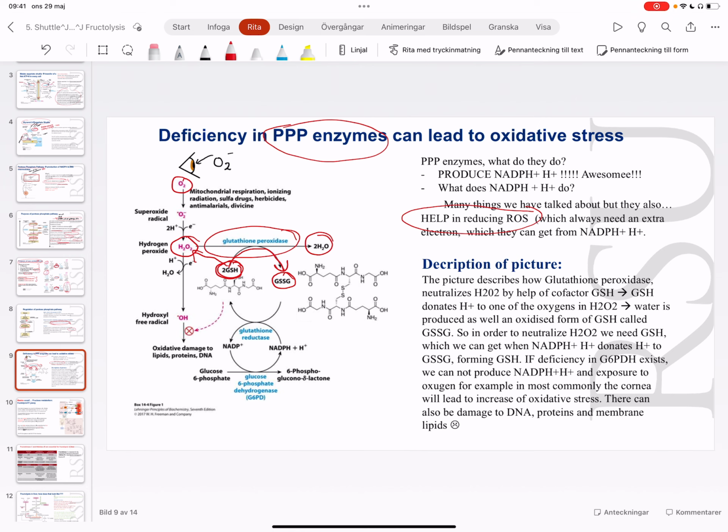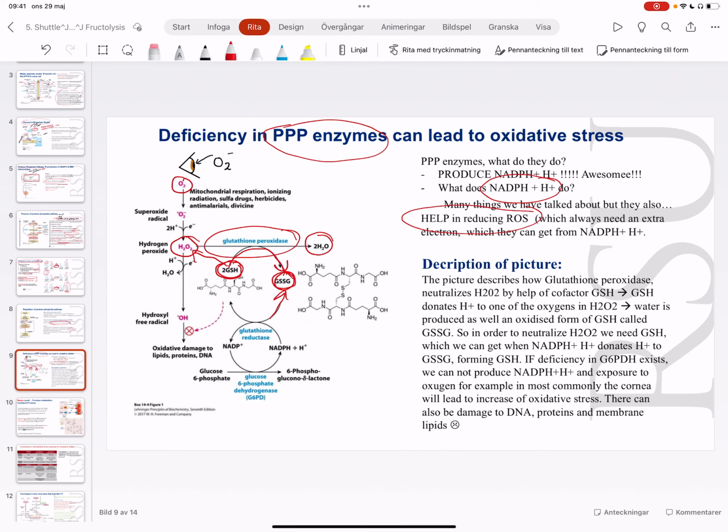And so the role of NADPH plus H plus in this is that NADPH plus H plus will actually give away hydrogens or electrons to the glutathione reductase. Glutathione reductase will accept these hydrogens, and then it will donate these hydrogens to the GSSG.